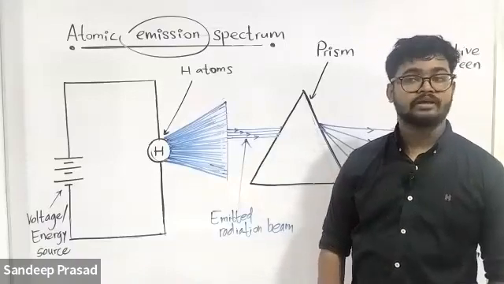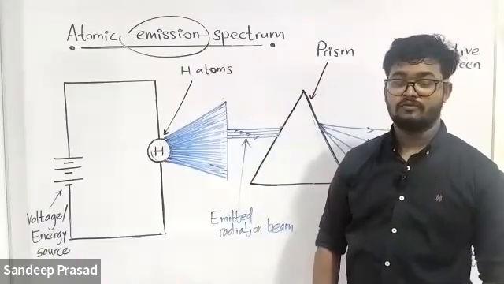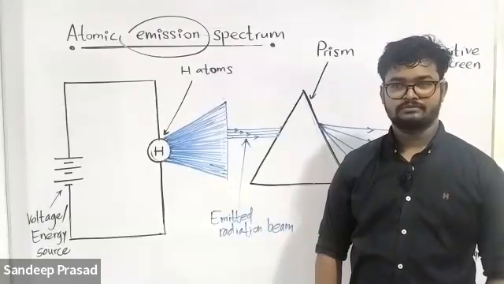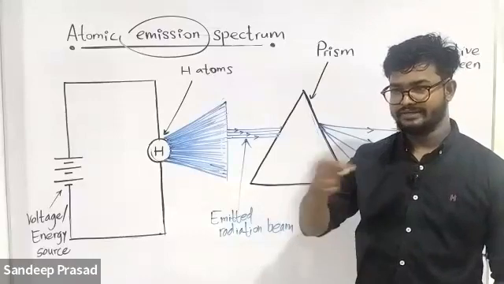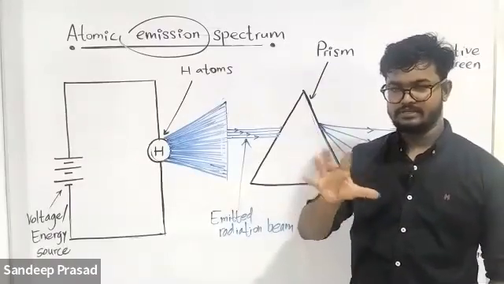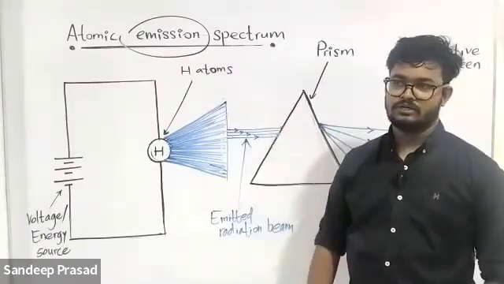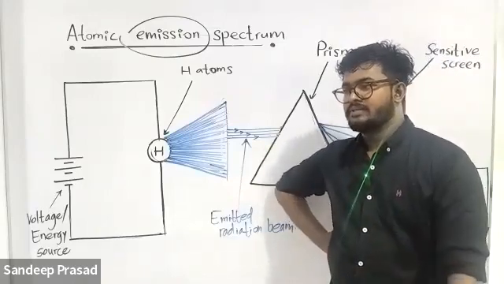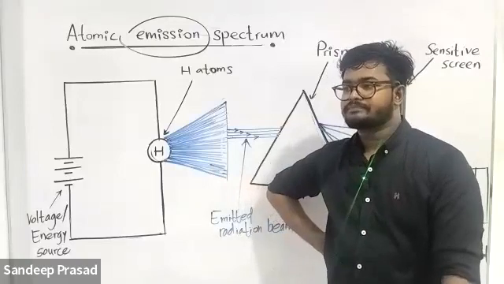What is the quantum particle of energy? Photon. Actually, Max Planck presented the idea. That means he found the main concept of quantum chemistry theories, and other scientists developed it.